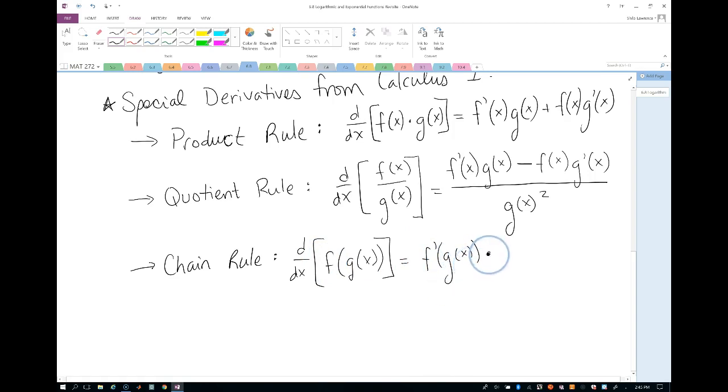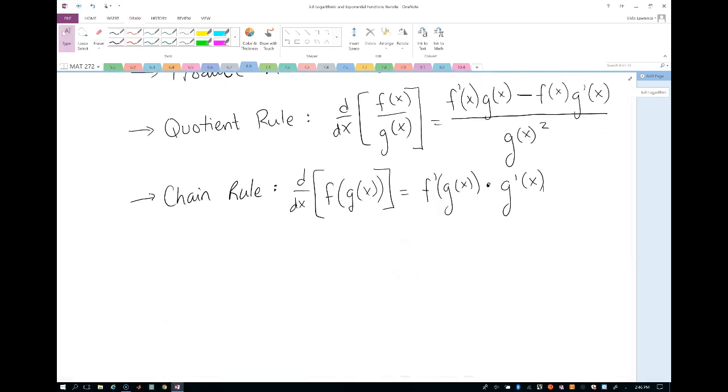And then we'll multiply by the derivative of the inside function. So we could do derivatives of logs that also require us to use these special Calculus 1 rules that we've learned in the past. So just a few quick examples. We're going to calculate each derivative.